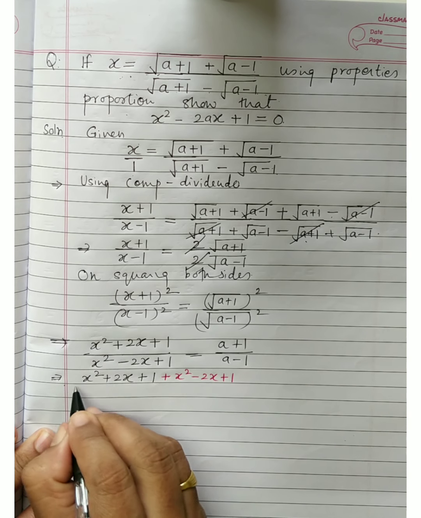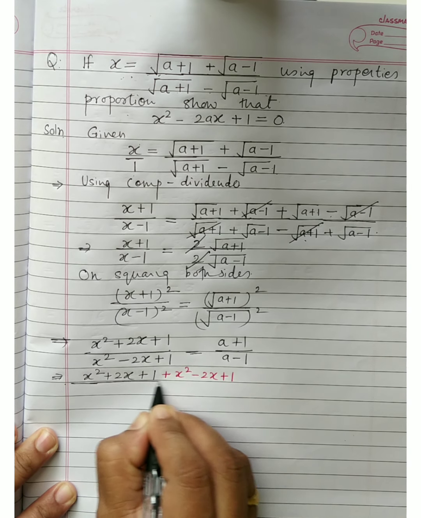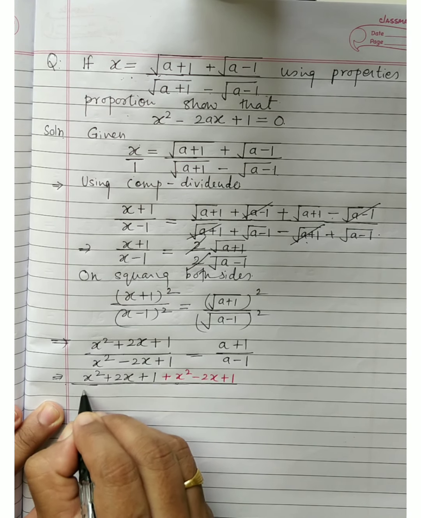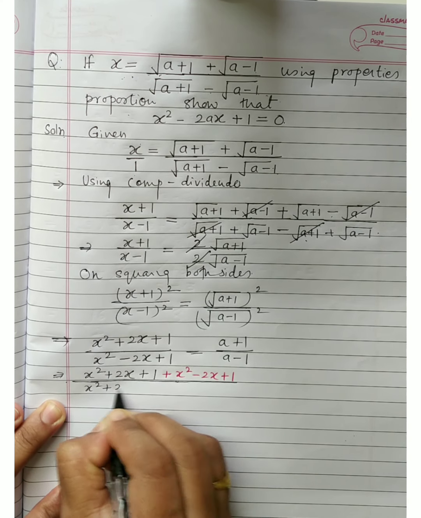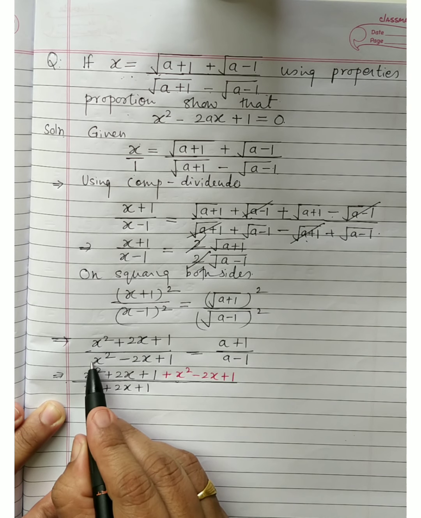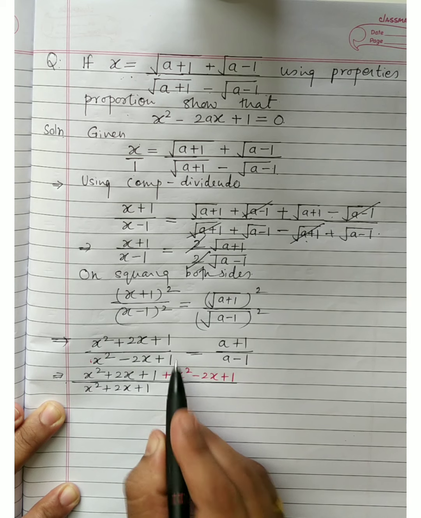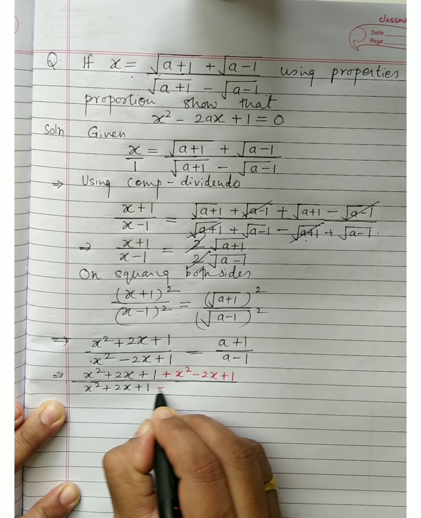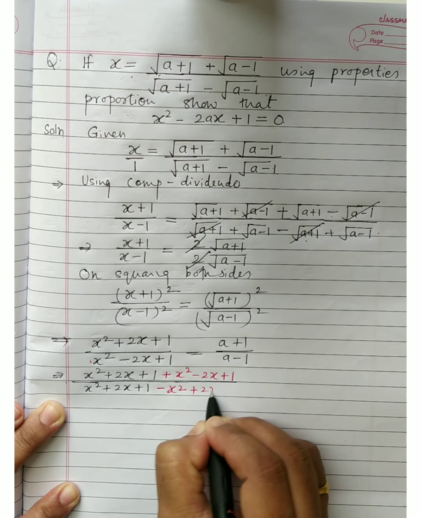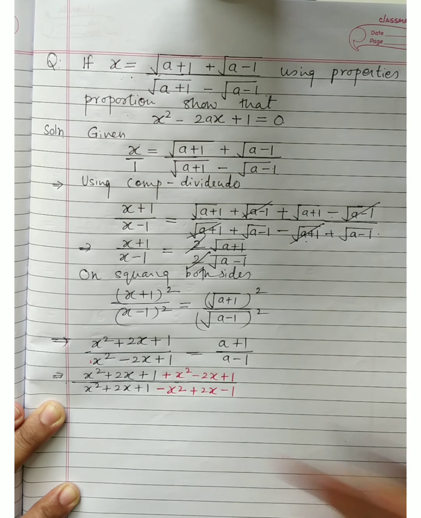Numerator plus denominator. Now what we have to write? Numerator minus denominator. Numerator is x² + 2x + 1. And what happens to the denominator? Subtracting means all the three signs will change. Plus x² becomes minus x², minus 2x becomes plus 2x, plus 1 becomes minus 1.